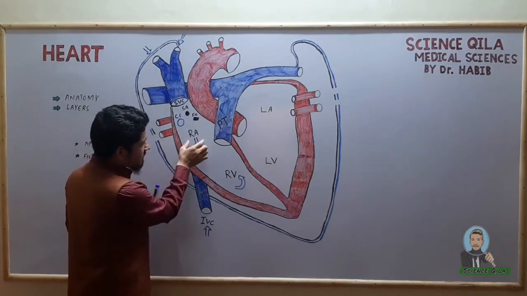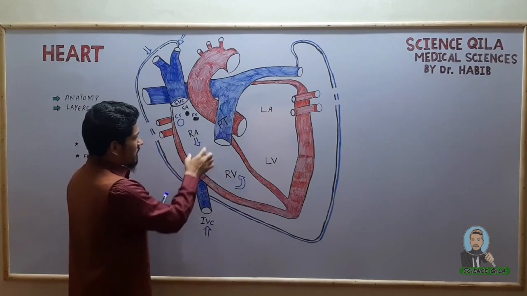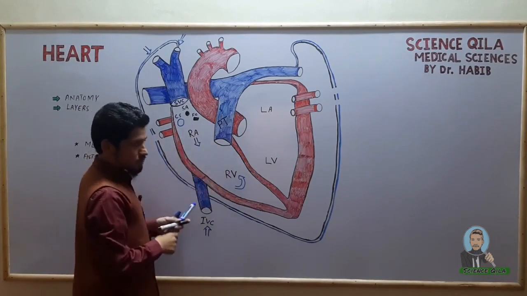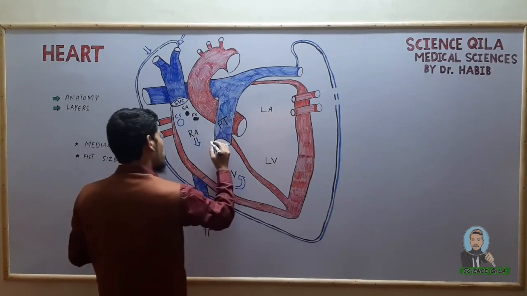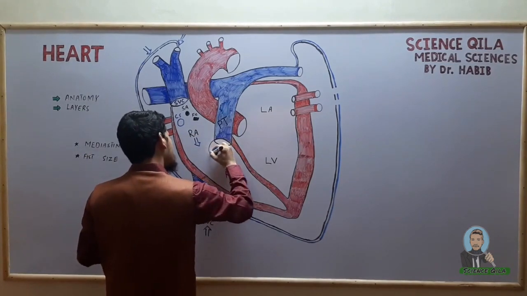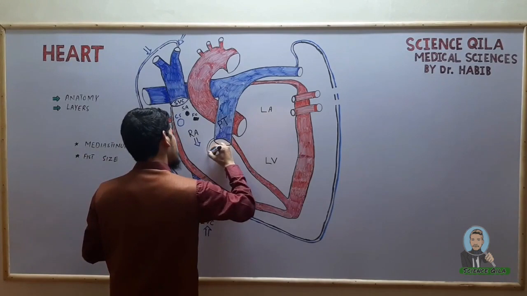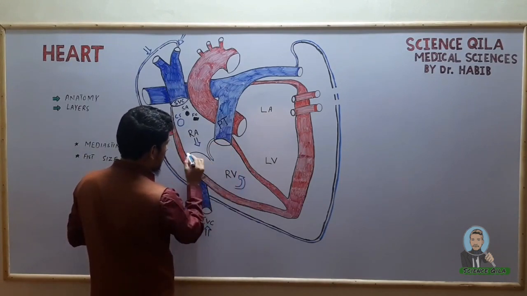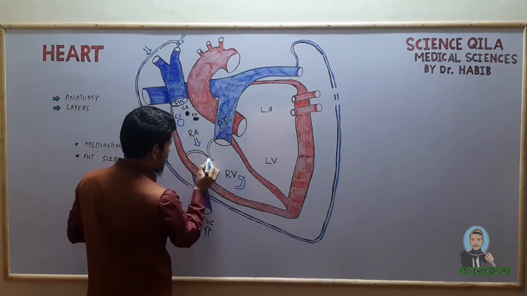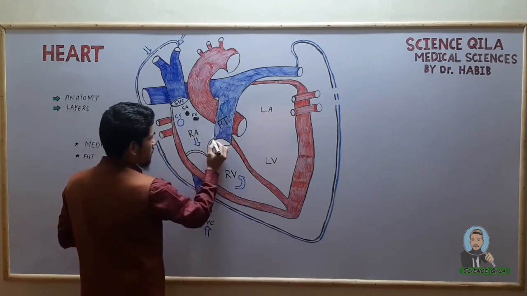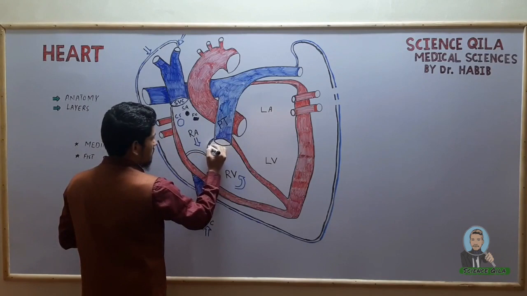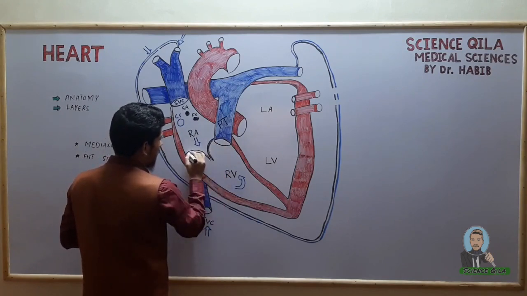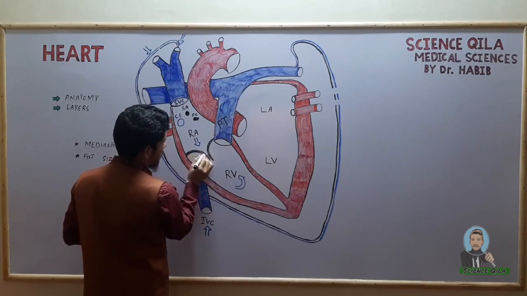Before passing into the right ventricle, we have one valve that separates the right atrium and the right ventricle. This is called the atrioventricular valve.